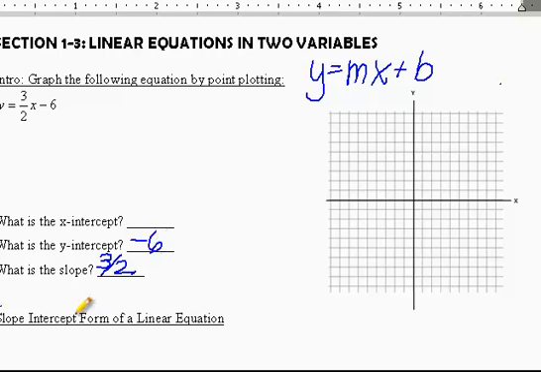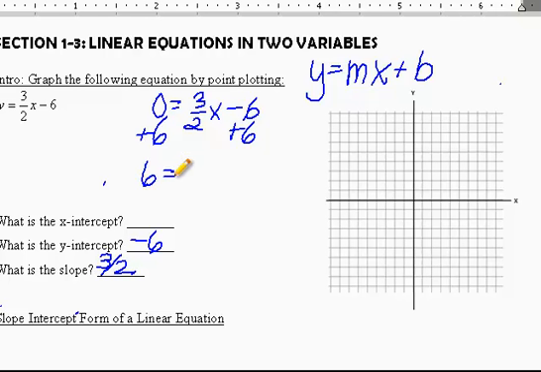And we're looking for one more thing which we normally do not ask you in a line, but we're looking for the x-intercept. In order to find the x-intercept, we're going to make the y value be 0. So I'm going to set this equal to 0, and I'm going to say 3/2 x minus 6. In order to solve this, we're going to add 6 to both sides.